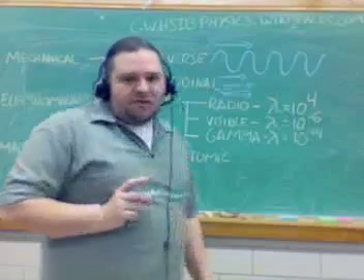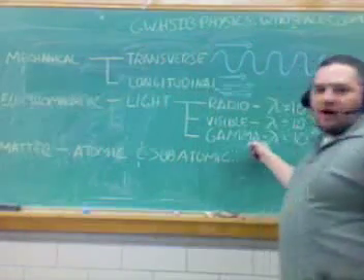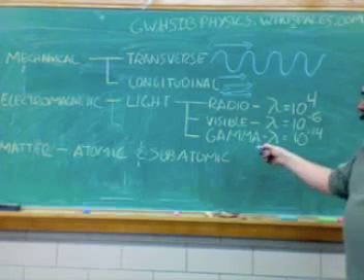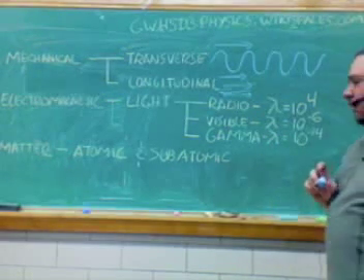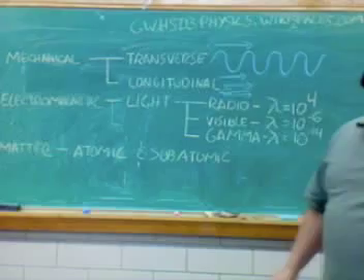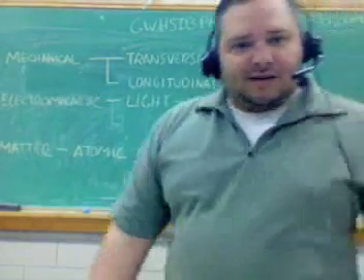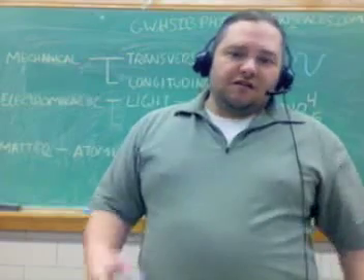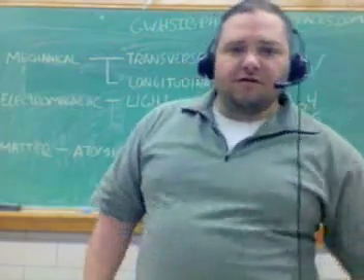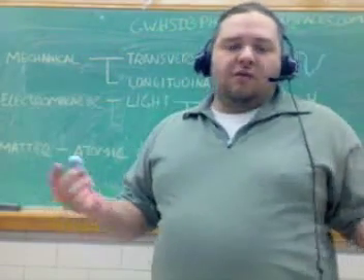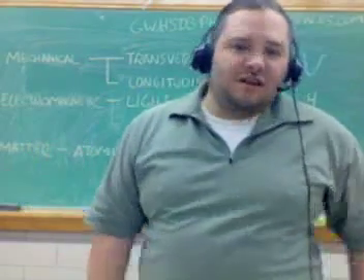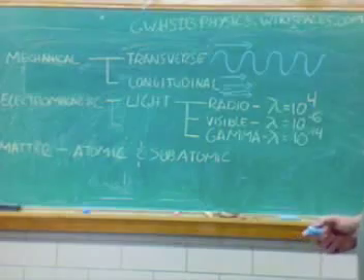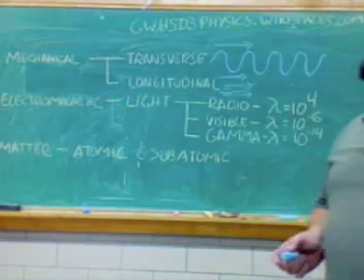Now, gamma waves we've talked about when we talked about radiation. It's when particles are reorganizing themselves, they may emit a gamma ray. That gamma ray is 10 to the negative 14th. Okay? I mean, it's a very, very small wavelength. Okay, there's no way I could draw 10 to the negative 14th. It's that small. I mean, you're talking on the order of what, maybe a cell?